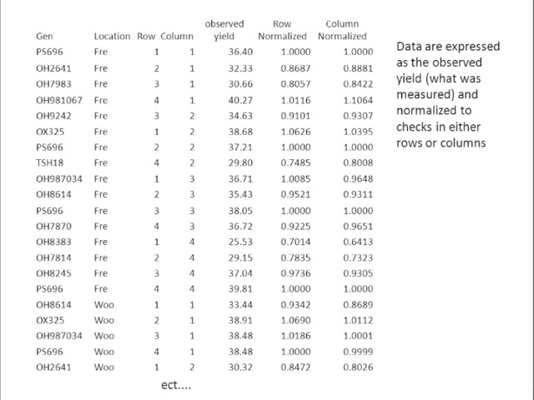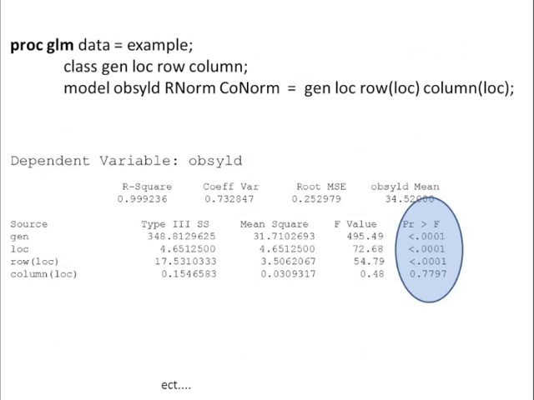The data would look something like this, and I've already put in an example of a row and a column normalized, but you don't have to do that yet. Really, the first step is to ask, is there spatial variation in the field? What I'm showing you here is the results of an analysis of variance, and what you see is that there's significant row within location variation.